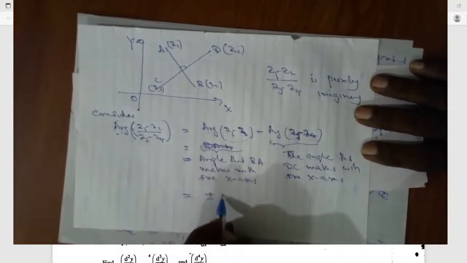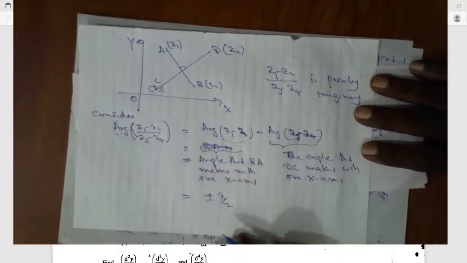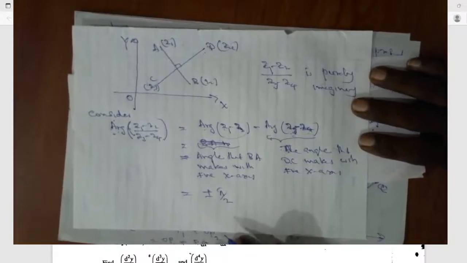plus or minus pi by 2. Why is it plus or minus pi by 2?